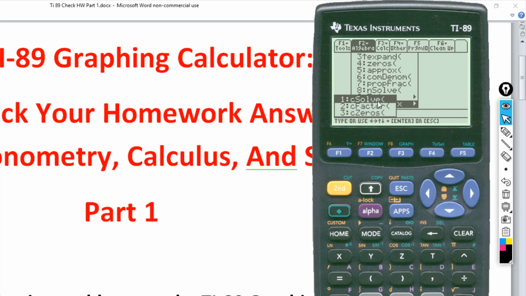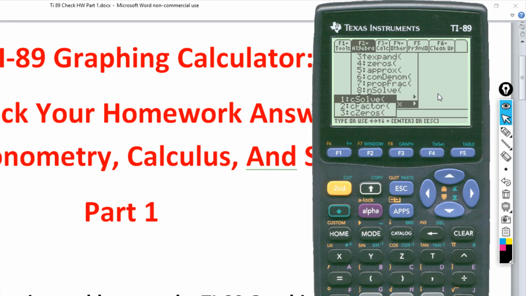You have C factor, you have C zeros. This gives you the complex solutions, and of course it also gives you the real solutions, because a real number is also a complex number by definition. So C solve will give you all solutions, imaginary and real.